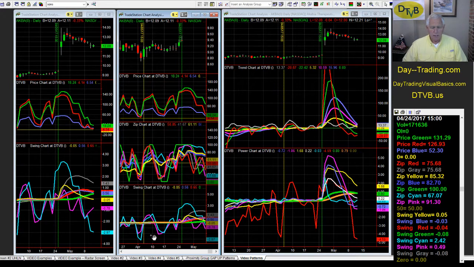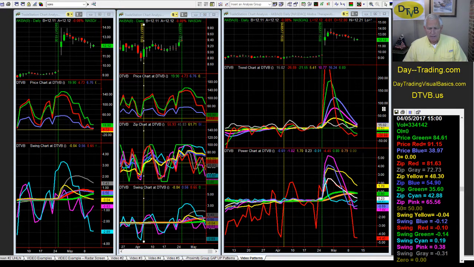In the swing chart, next to the green line, the swing Zion line ended at 2.4, and on the yellow line, the swing Zion was 0.19, barely over 0. And so when these lines cross over and go high above 0, it makes a big difference in what's going to happen in the next day or two.